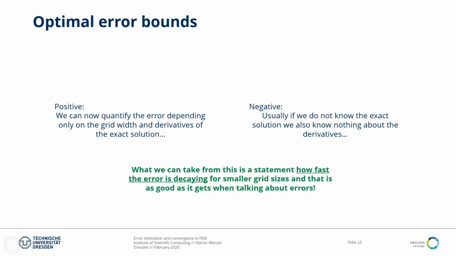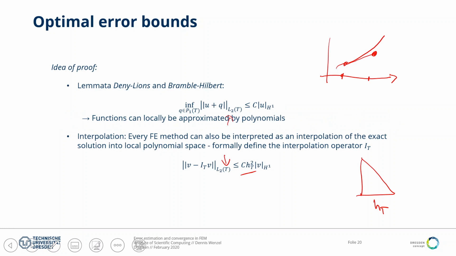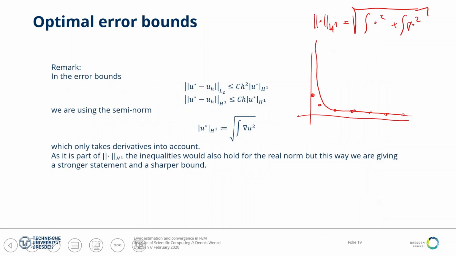So if you look at this result here again for a second, then you see that because h occurs here, if I'm replacing h by h over 2, so I'm just taking twice as many points in each direction, then this should mean that my error changes, because the exact solution doesn't change when I'm doing something about my grid.